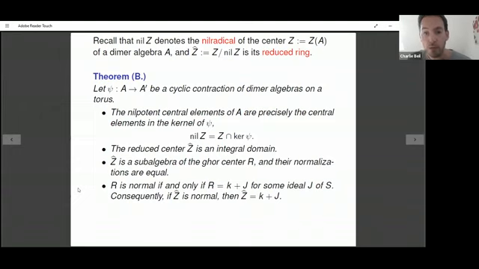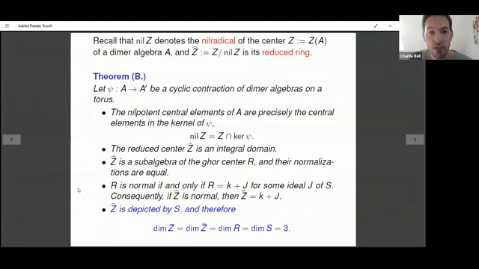And the main thing is that regardless of the relation of the reduced center to R, it is depicted by the cycle algebra S, and therefore the Krull dimension of the center, which is equal to the Krull dimension of the reduced center, is equal to the Krull dimension of R, which is the Krull dimension of the cycle algebra, because it's a depiction, and that's equal to 3.